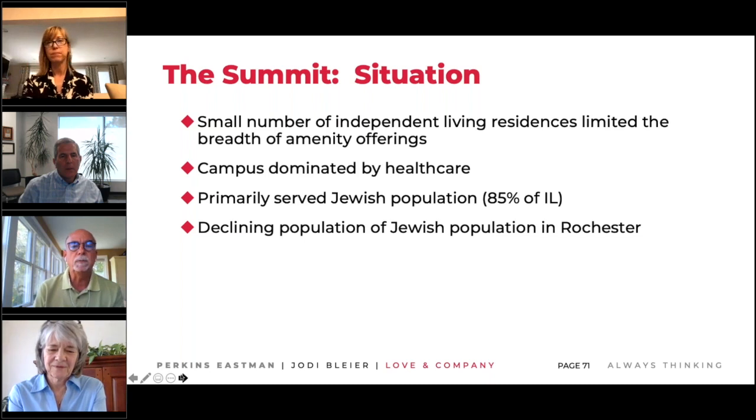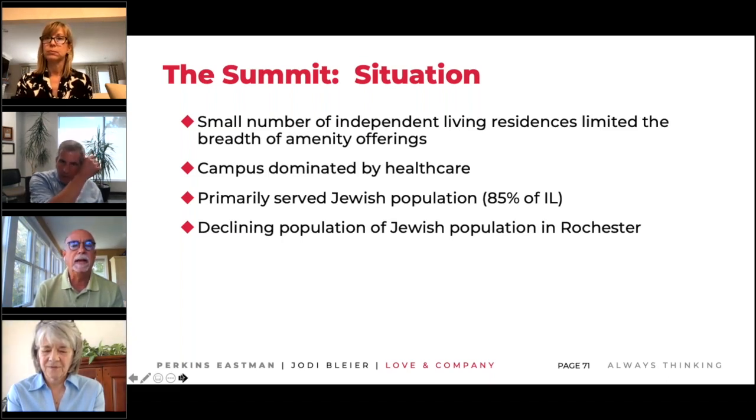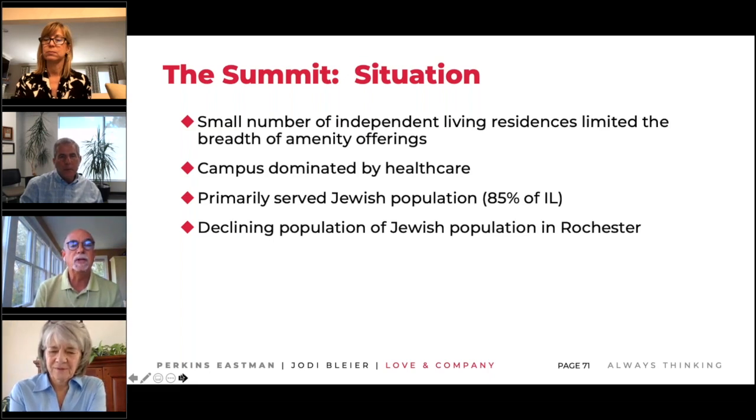And they have an existing small life plan community with 90 units and 60 assisted living on their campus as well. And they had another 20 acres adjacent that they had always envisioned for expansion of their life plan community, the Summit. Probably thinking that it was cottages or maybe hybrid buildings.